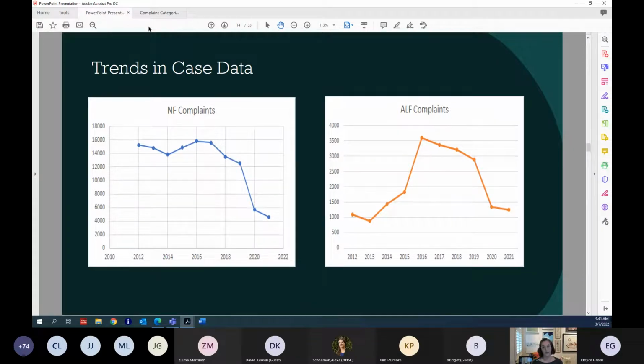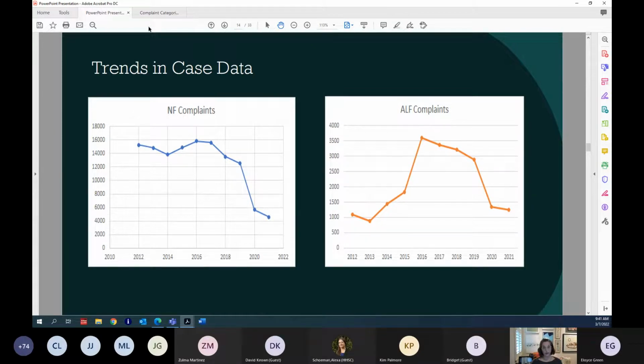For us, 2016, actually, we added some money a couple of years later. That shows that increase in complaint numbers in the beginning. It doesn't quite explain, when we have money still coming in at even a higher rate than 2016, why our complaint numbers are really dramatically lower in our assisted living facilities. And you can see that massive drop off in our nursing facility complaints.